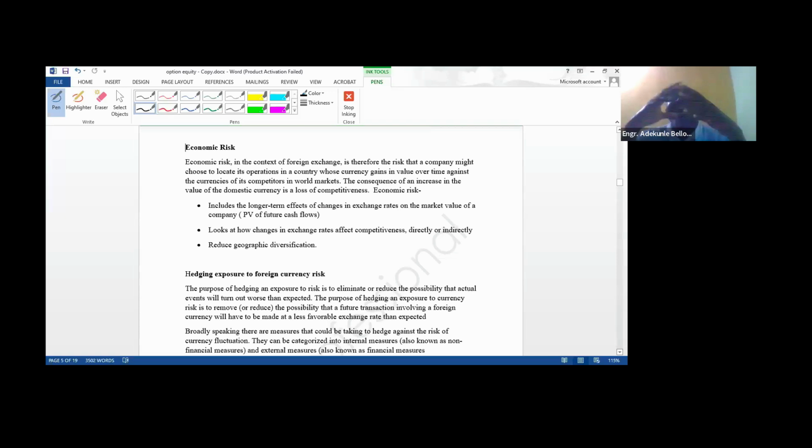How can companies protect themselves against the risk of foreign currency fluctuation?